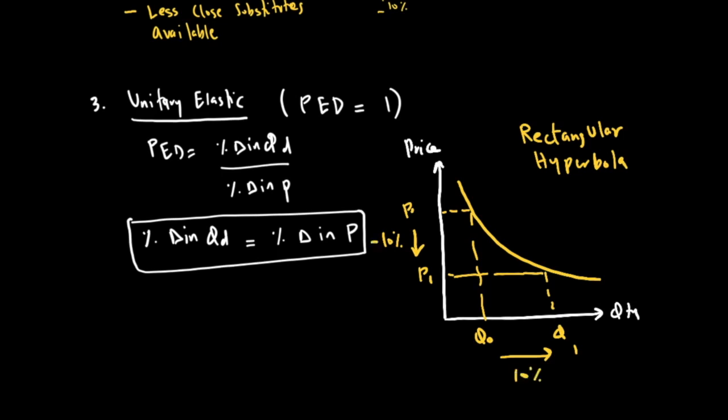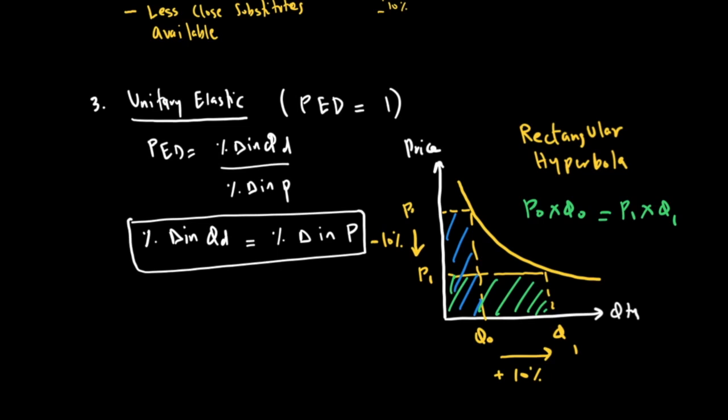So minus 10% will lead to a plus 10%. In other words, this rectangle that is formed here, and that's why it's called a rectangular hyperbola, will have an equal area to this rectangle. What I'm trying to say is that P0 times Q0 must equal P1 times Q1. This rectangle that is formed has an equal area.